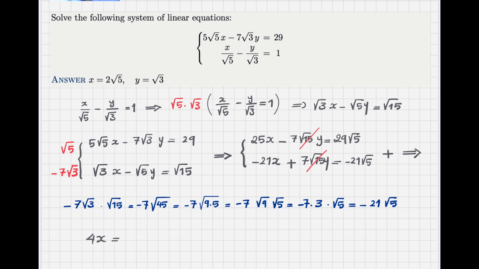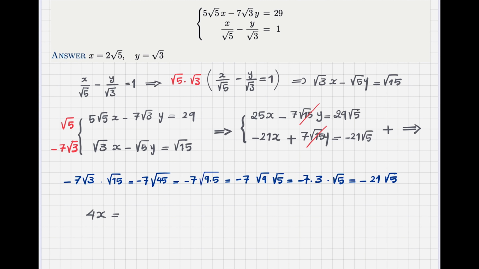So if I add them, I have 29 of these numbers, 21 of them are gone, so 29 of them minus 21 of them is 8 of them. Yes, so 8 square roots of 5.